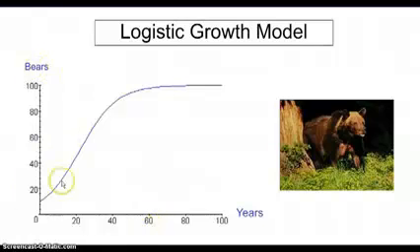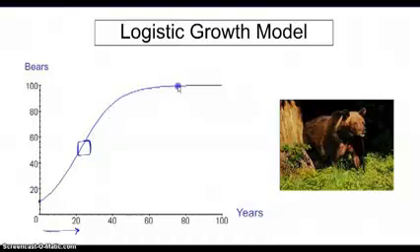Here we're talking about populations of bears over years. Here we had an initial population right here, and as years went by, we can see that the bear population grew and grew, and somewhere around in here, it was still growing, but it stopped growing as fast.